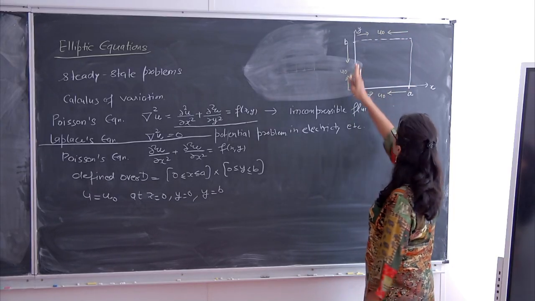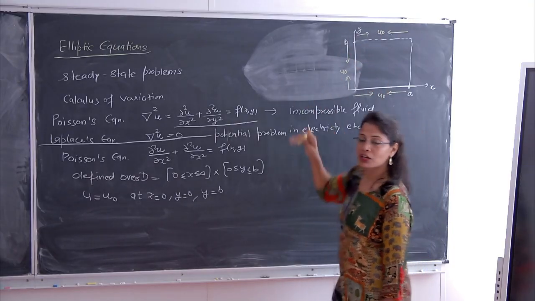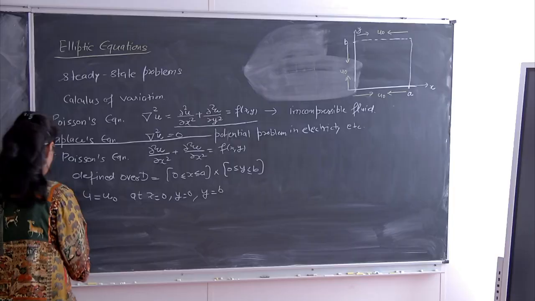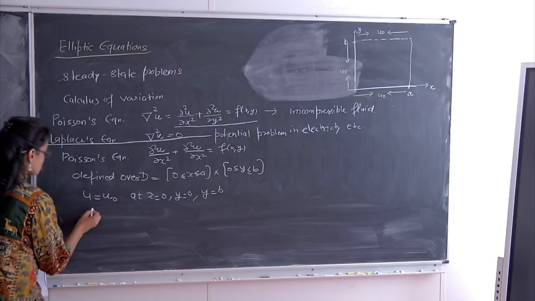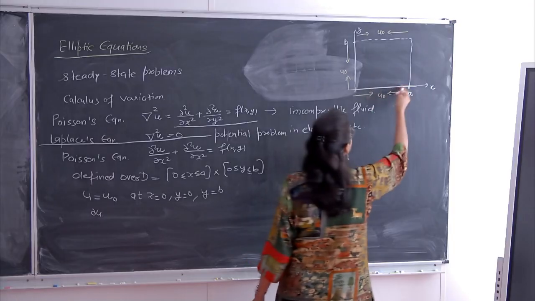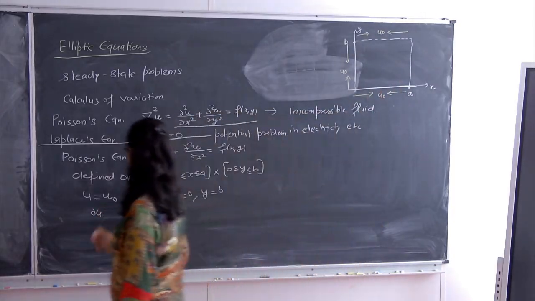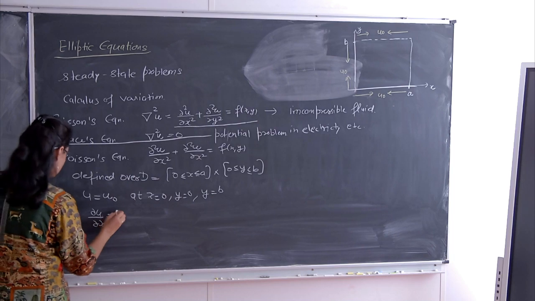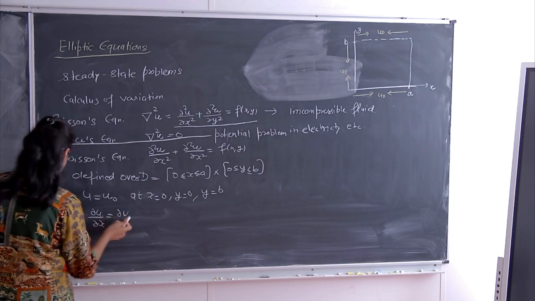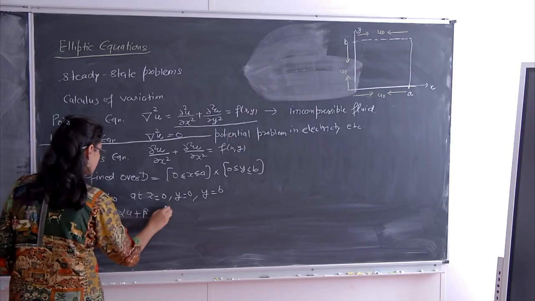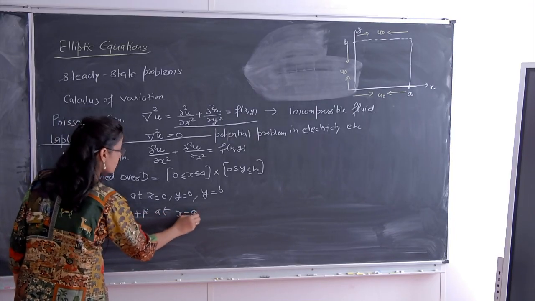So, on this domain 3 conditions are given to us, and what about the fourth? Let me write that down here. Because I have 4 borders of this domain, I should have one more condition. So, that is del u by del x equal to alpha u plus beta at x is equal to a.